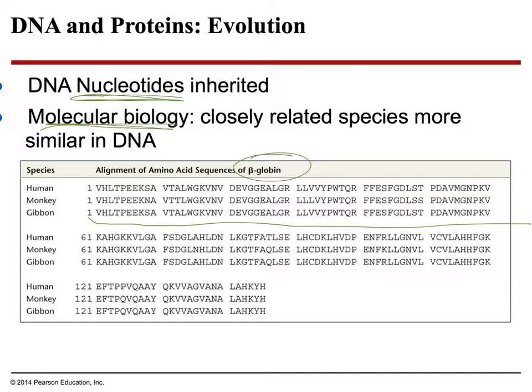But the more closely related that molecular biology, the more closely related the species is because of the similar DNA. And that has to do with our evolution, where everything is connected. The more recent our common ancestor, the more similar we are. The more distant our common ancestor, the more different we are.